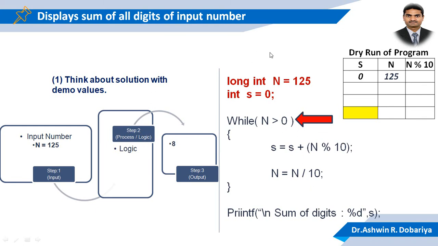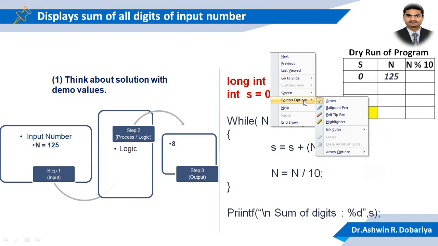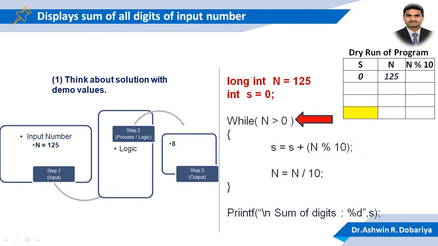To separate a number you have to remember a concept from mathematics. For example, here it's 125. If we divide any number by 10, then the last digit is always the remainder. So when we divide any number by 10, it separates the last digit.